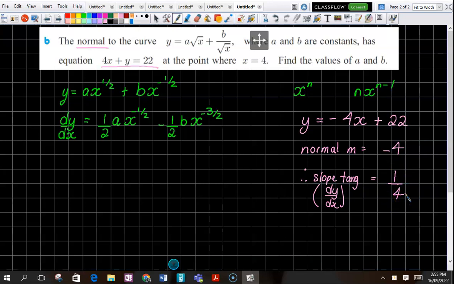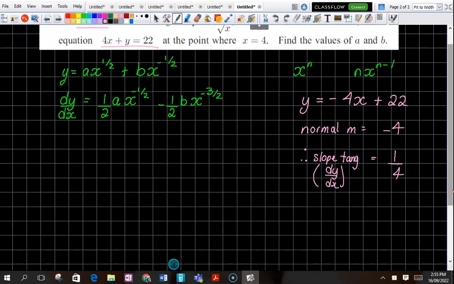So correct me if I'm wrong, but are we not saying from all this information that when x equals 4, when x equals 4, dy by dx has to equal 1/4. Do we agree? Okay, whack it in.